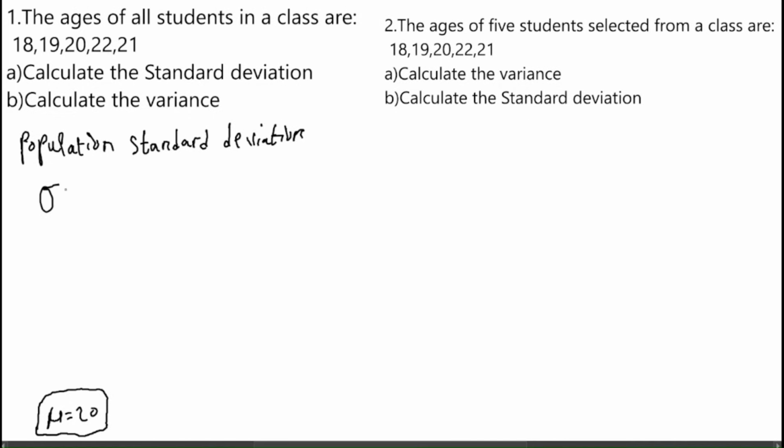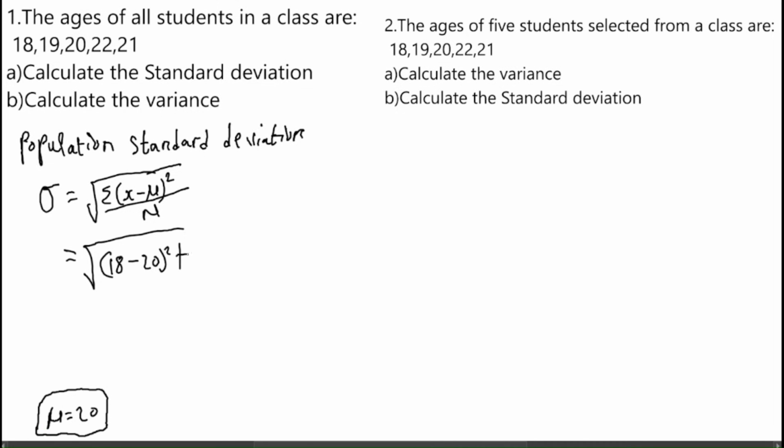Now using this formula, the square root of the summation of x minus mu, squared, divided by n, is going to be equal to the square root of: our first x is 18, so 18 minus our mean, 20, squared, plus 19 minus 20, the third data is 20, 20 minus 20.